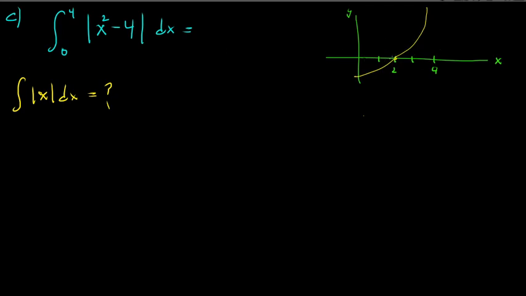But what happens when you take the absolute value? This gets flipped upside down here, right? So I think that's right. X squared minus 4. If x is 0, this is going to be 4 up here. So y is 4.